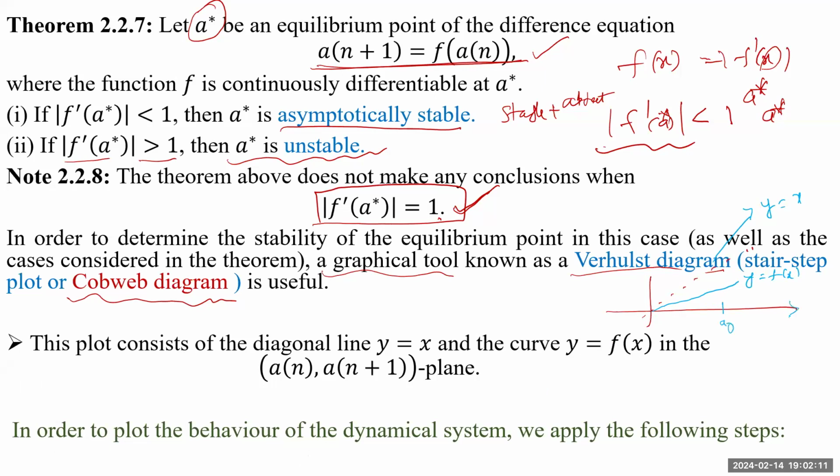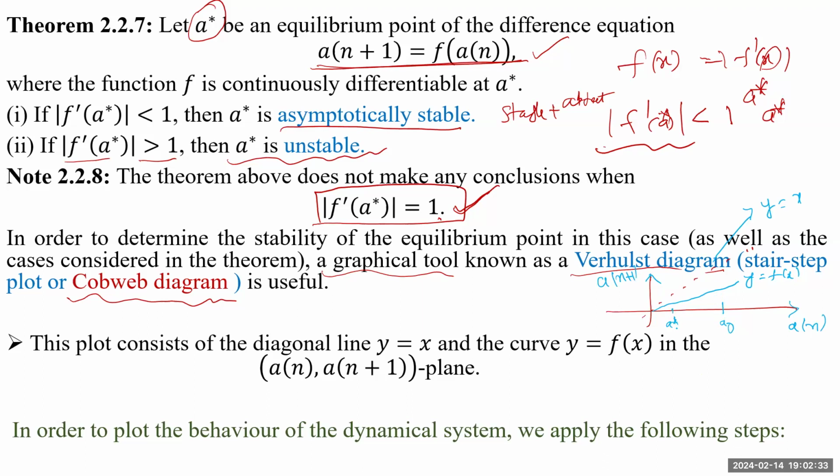This axis is the A of n axis, and this is the A of n plus 1 axis. Suppose this is your A naught. So your equilibrium point is here.